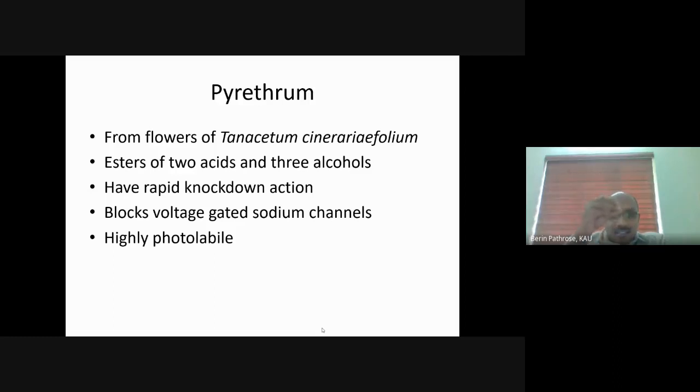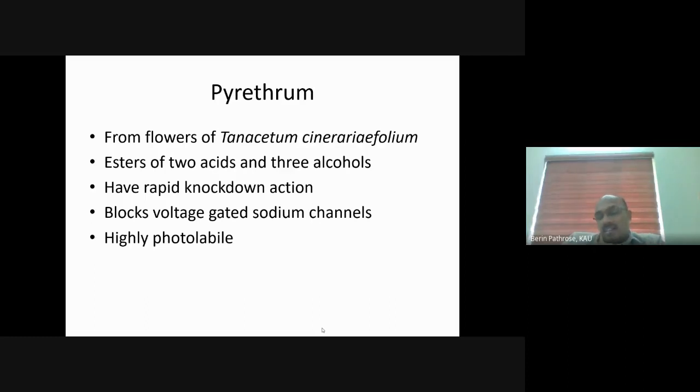These mosquitoes will usually fall over the table surface once we use mosquito repellents. Nowadays we don't see it because the mosquitoes have evolved resistance to this. This is what is called as rapid knockdown action. That means it will fall as if it is knocked down.